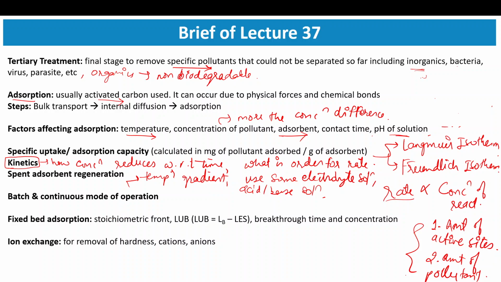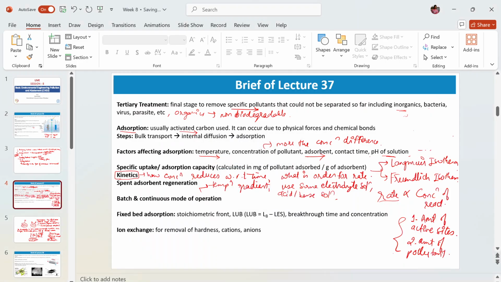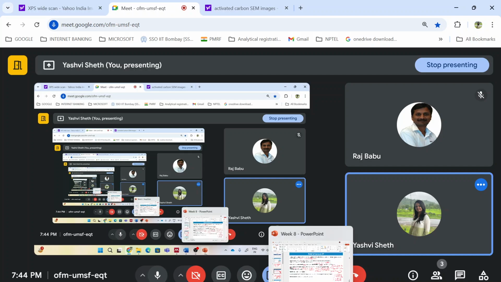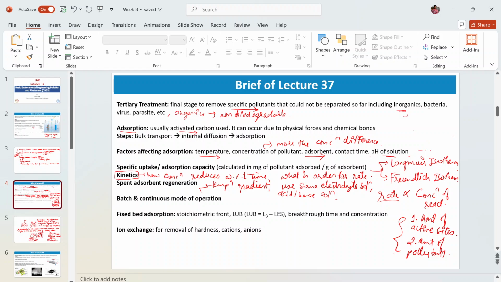So can you tell me what is the difference between batch mode and continuous mode of operation in industries? Okay, let me tell you.